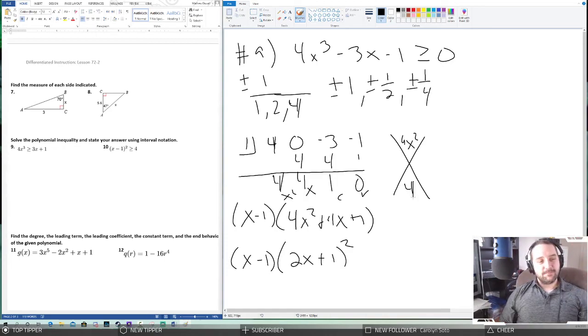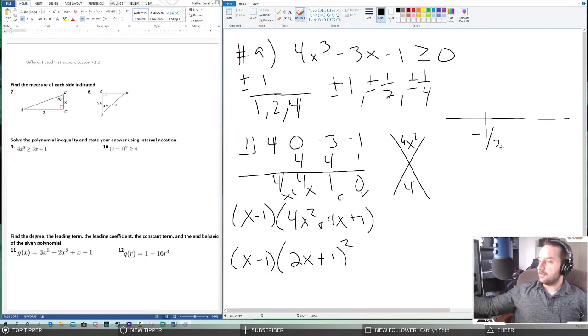I do other ways, but essentially by factoring it, that'll turn into 2x plus 1 squared. So then on my number line, I can put my values negative 1/2 and positive 1. And then both of these are going to be closed circles.